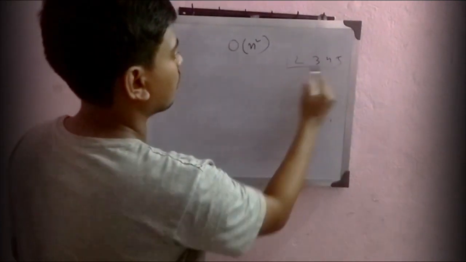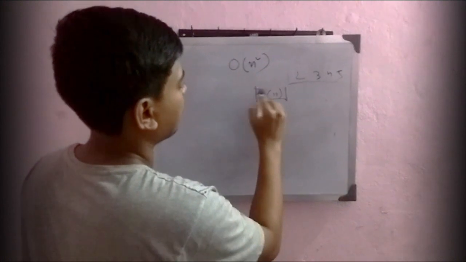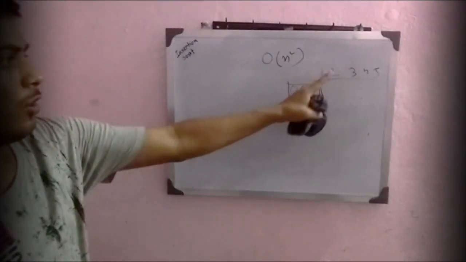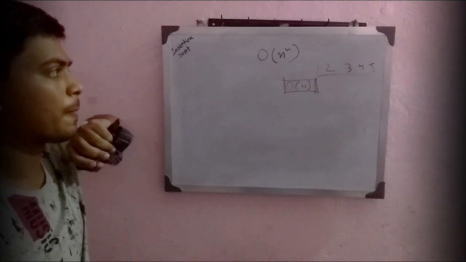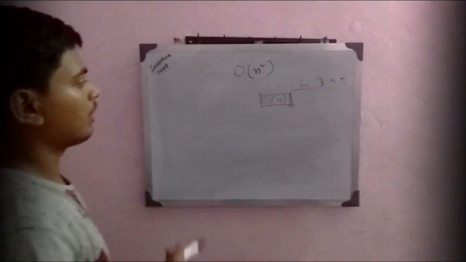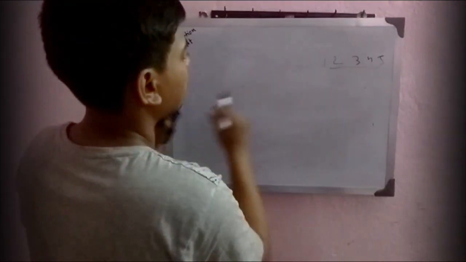So the time complexity will be order of n if the array is given in sorted order, right? And the average case is also order of n square.